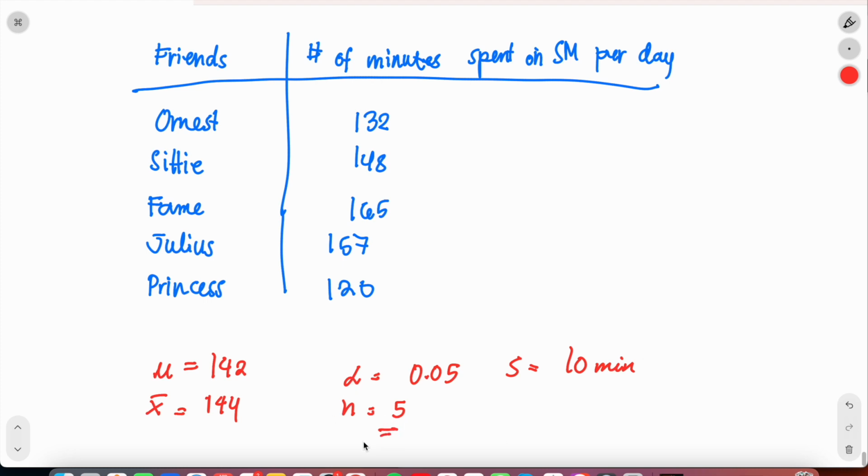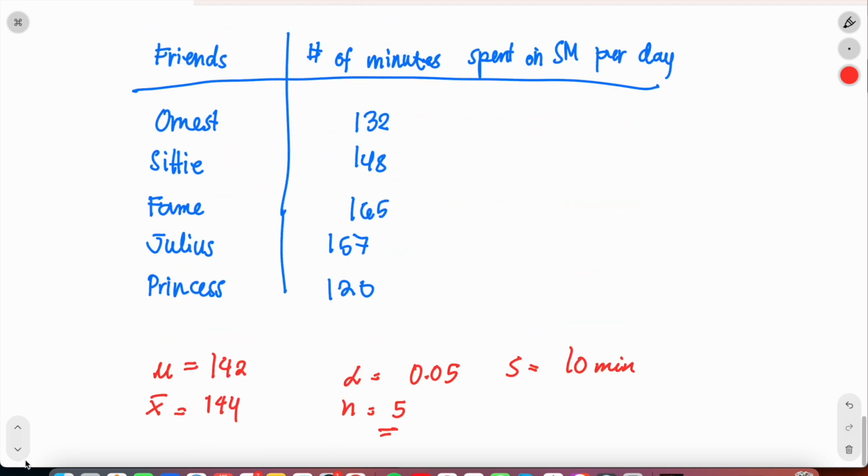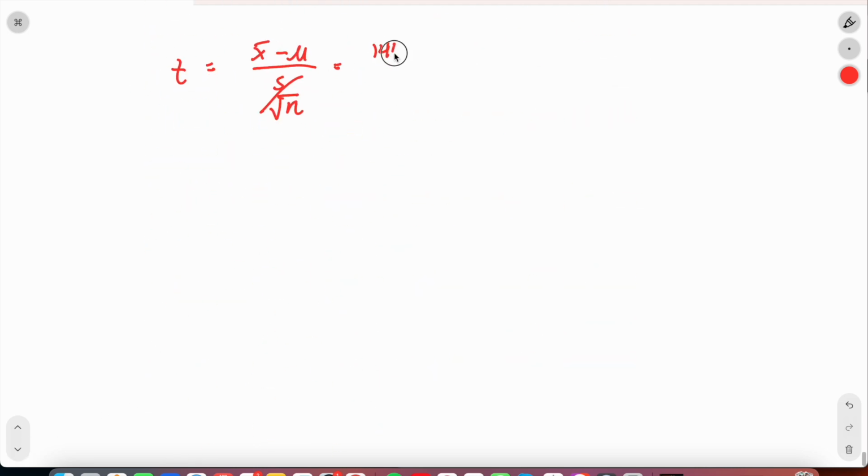Since the sample size is less than 30, we know that this is t-distributed, right? So t is x bar minus mu over s over square root of n, which is 144 minus 142 over 10 over square root of 5.